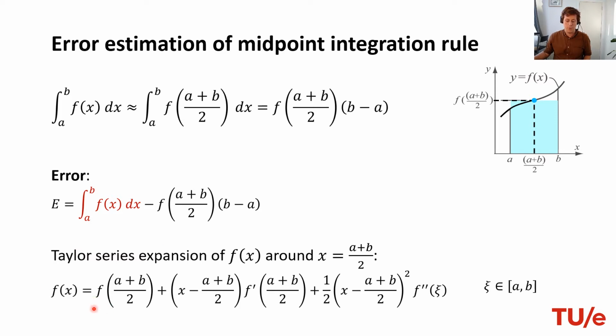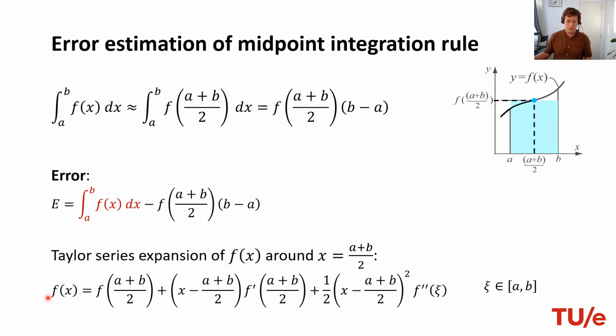We have the function evaluated at the midpoint, plus x minus the midpoint times the first derivative at the midpoint, plus 1/2 x minus the midpoint squared times the second derivative of f evaluated at some psi between a and b, where this psi is not known. But we know that there is a psi between a and b for which this is exactly equal to f of x.